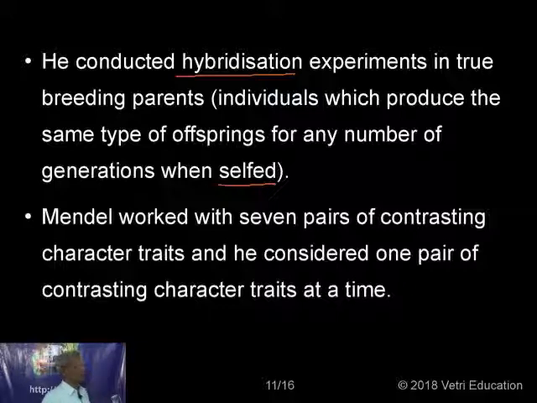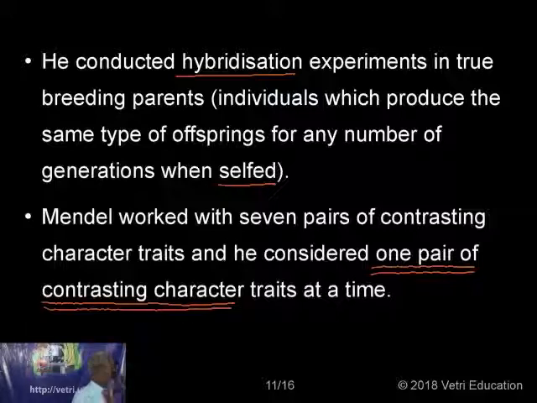Mendel worked with 7 pairs of contrasting characters and considered 1 pair of contrasting characters at a time. That's very, very important. Even though he was doing a dihybrid cross, he was considering only 1 character at a time. He never confused one character with another. Even though he took two characters simultaneously, he was looking at them from a different angle.